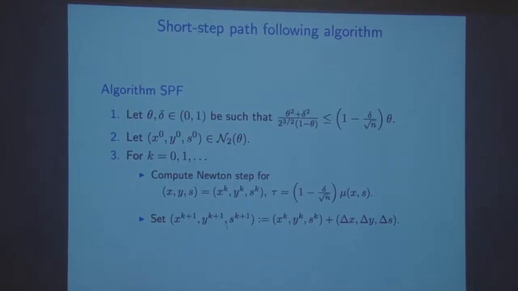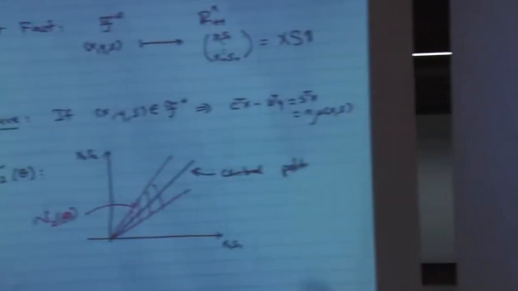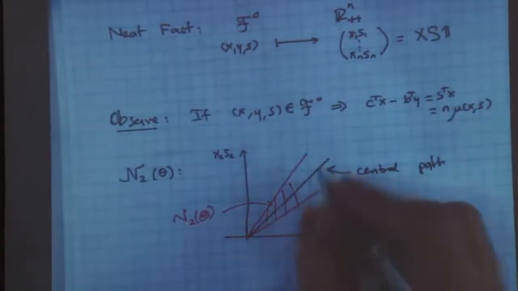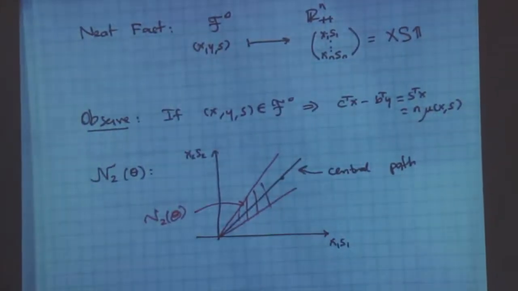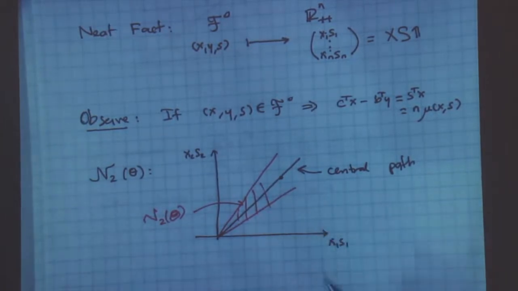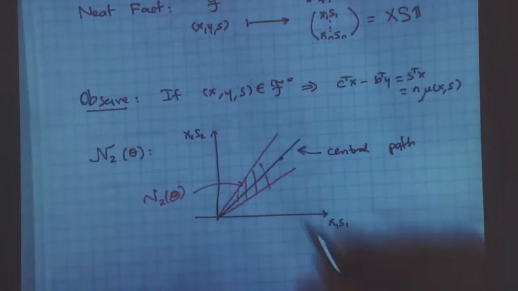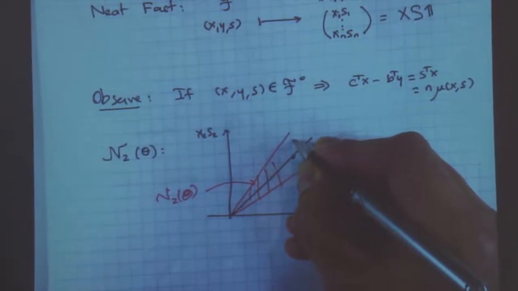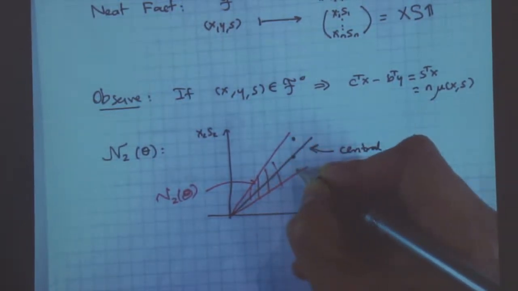And then we update: the next iterate is the previous iterate plus the Newton step. Okay? So if you think about it, say, in the picture here, a particular value here would be for some value of tau. So what that algorithm does is it takes a point here.